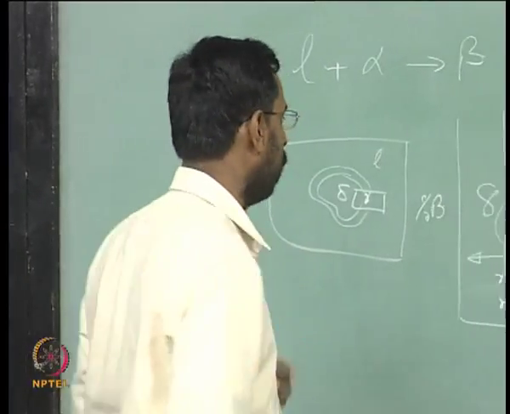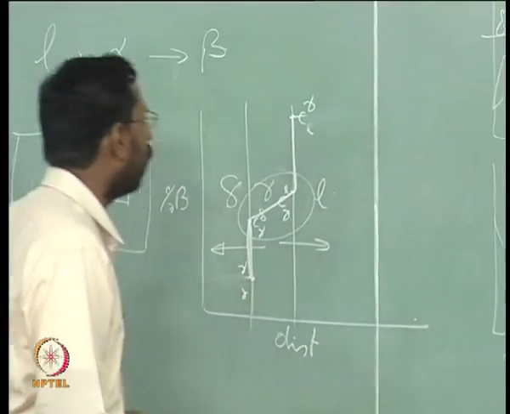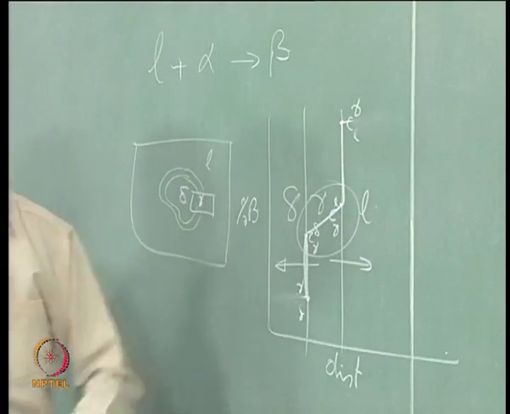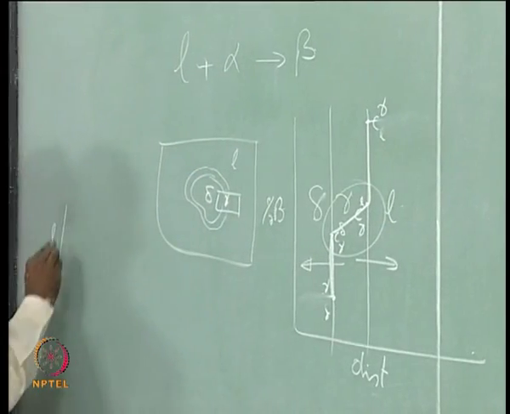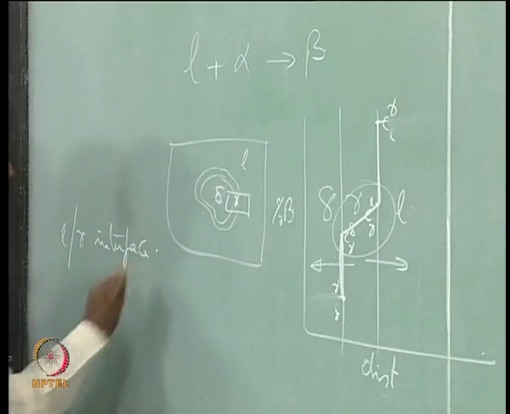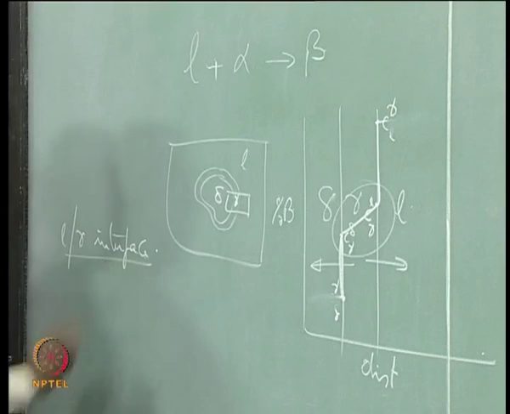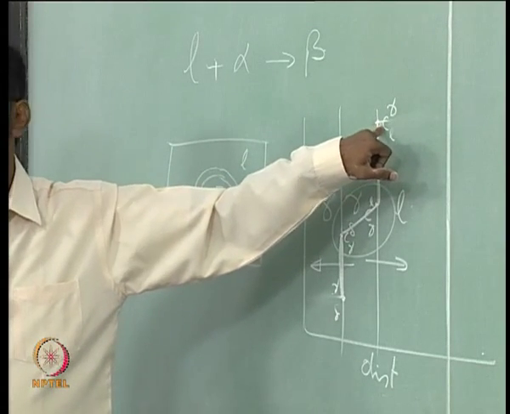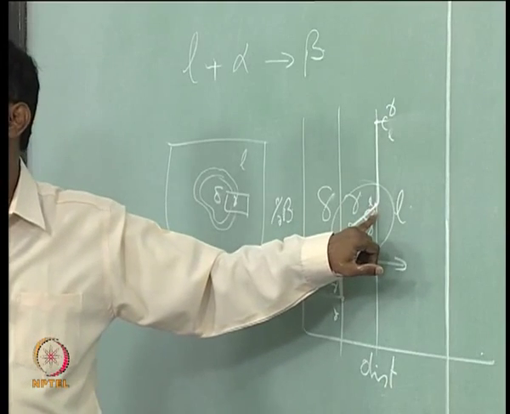How does this happen? To understand this, we look at each of the interfaces. For example, if I look at the liquid-gamma interface, liquid has higher B content than the gamma.